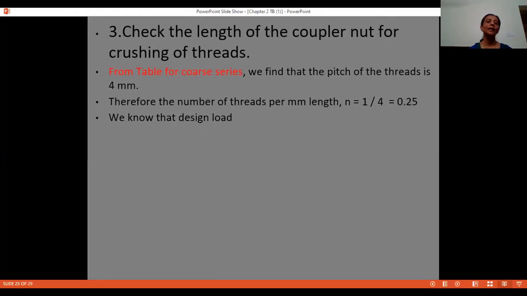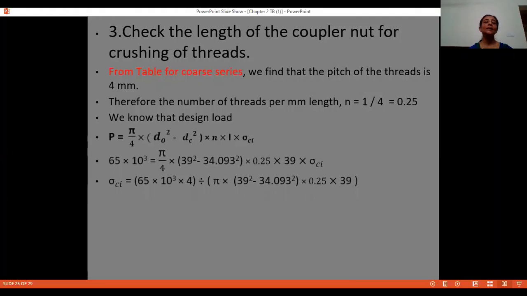Third step is to check length of coupler nut for crushing of the threads. As we have taken data from the standard table, pitch value is 4 mm and n, it is 1 upon pitch, so it comes 0.25. Strength equation for crushing failure of all number of threads in L millimeter length, P is equal to pi by 4 into DO square minus DC square into n into L into sigma C induced.